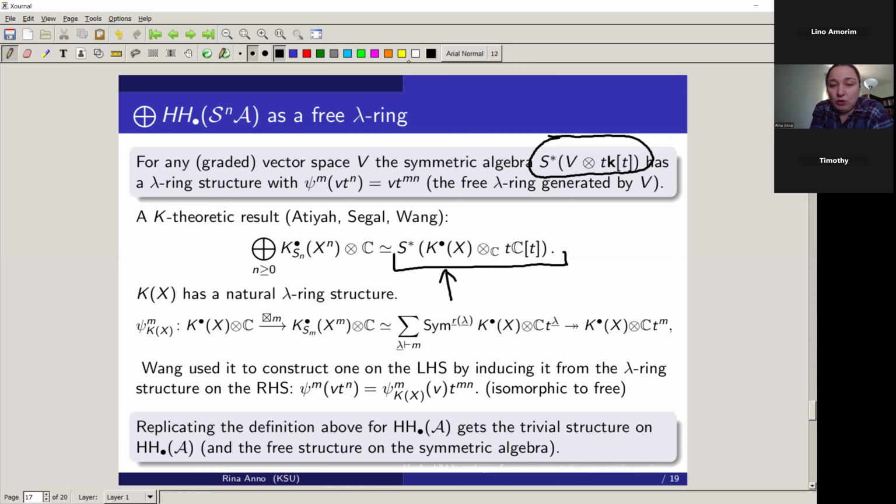So we get the trivial structure on HH(A) and the free structure on the symmetric algebra. But yeah, not surprising, because pulling an additional cohomological grading on HH(A) would have been strange and out of nowhere.